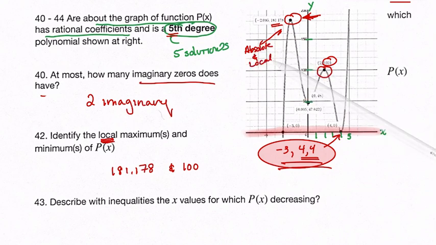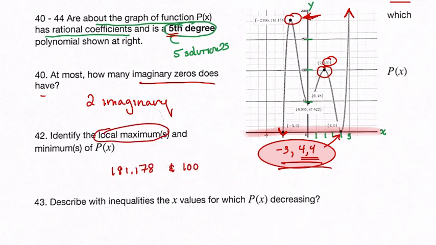Relative to the things around it, it's a highest point. Oh gosh, it's not an absolute max. My bad. Sorry. It's not an absolute max because it goes on up here, so it does have higher points and it does have lower points. So it's still just a local max. So we're just fine. We don't have to talk about absolutes at all.